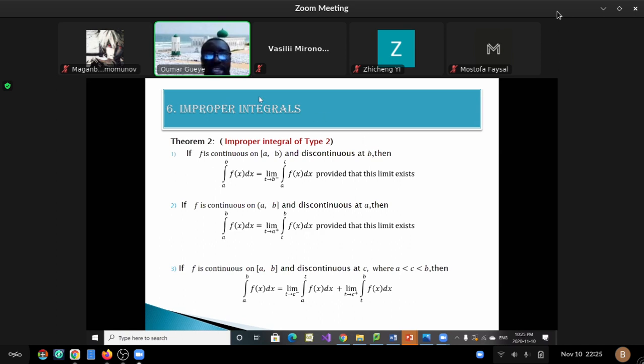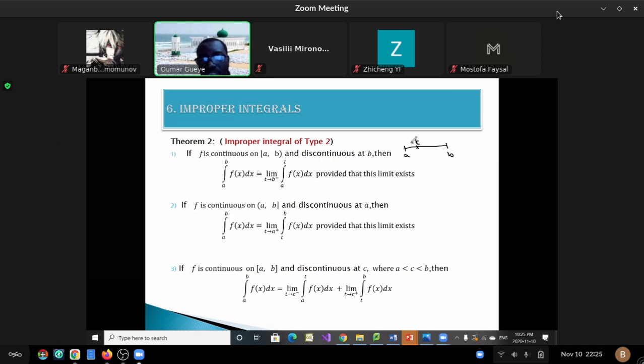Because we're integrating from A to B, and in this interval A is less than B. So if we make a picture, A is here, and right here we have B, and we pick T somewhere here, and we let T approach B. Just be careful, T has no value.